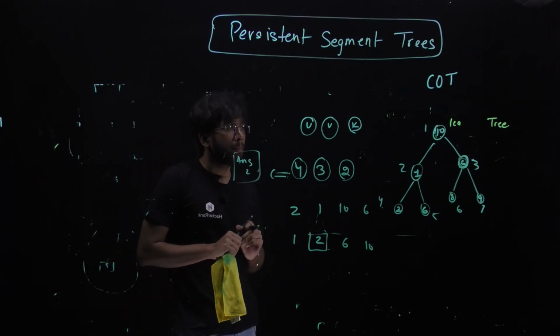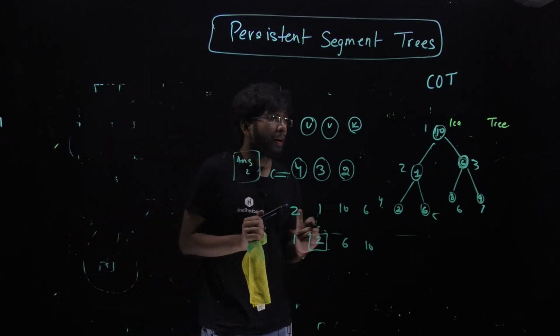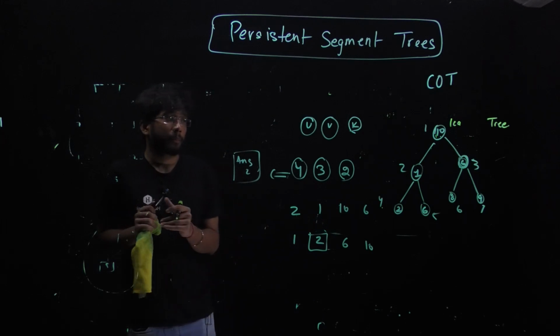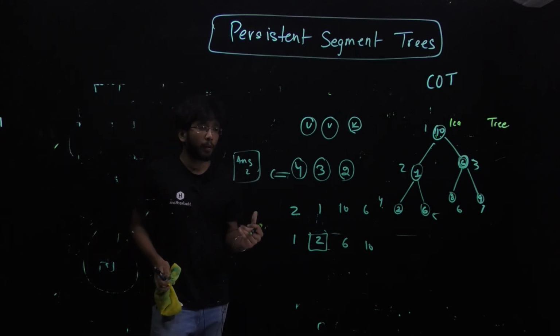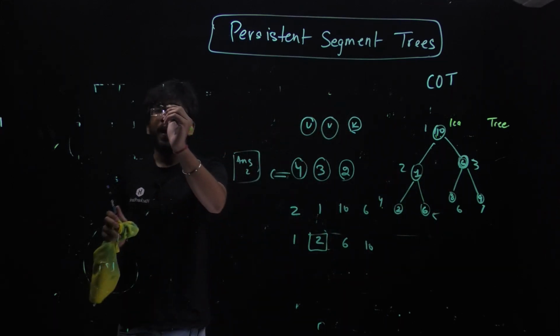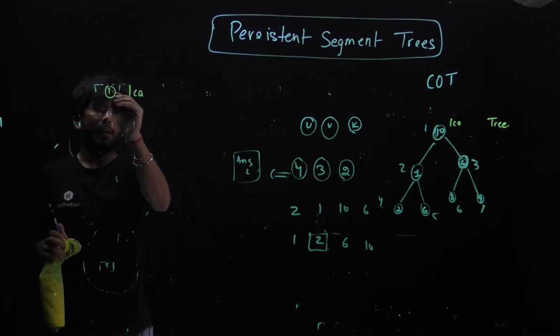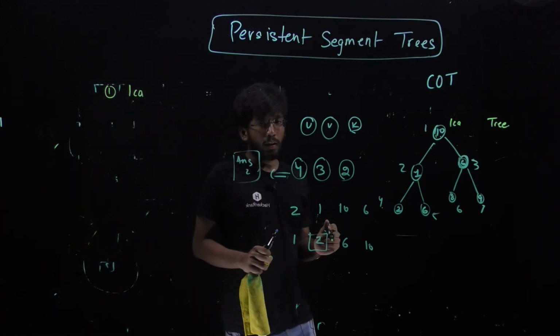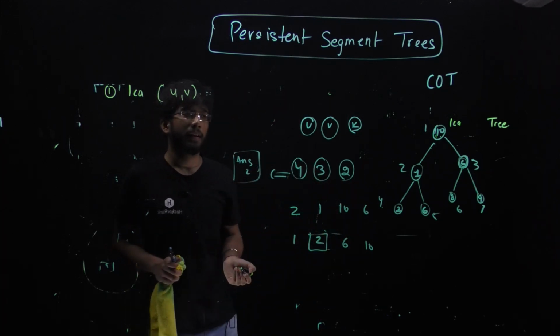The solution would be something using persistent segment trees only, and this is how the solution will go. First of all, we need to find the LCA. The first part would be finding the LCA for the two nodes u and v which I get.